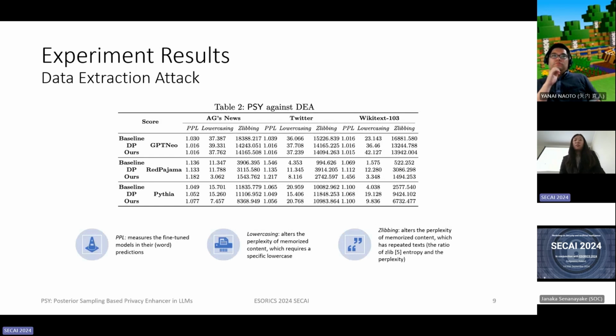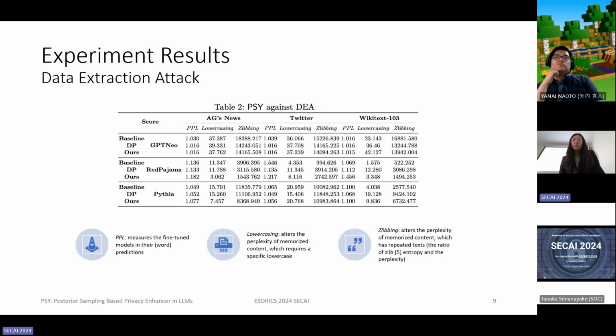So let's look at the experiments in the data extraction attack. We choose three metrics: perplexity, lower casing, and zipping. Perplexity measures the fine-tuned model in its word predictions. Lower casing alters the perplexity of memorized content, which requires a specific lower case.